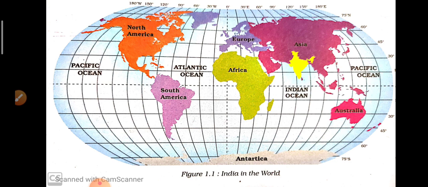Now, if we see the southernmost point of India, and if we draw a line straight from that southernmost point to the degrees at the right, then we find that the southernmost point lies on the latitude of 8 degree 4 minutes north. Now, by north here we mean that the latitude 8 degree is above the equator.